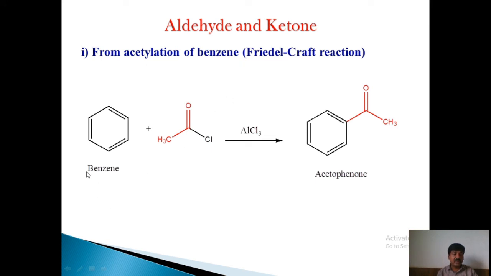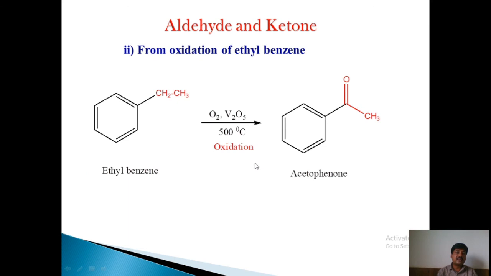So what happened? In the Friedel-Crafts acylation of benzene with acetyl chloride in the presence of anhydrous aluminum chloride as a catalyst, acetophenone is formed, that is the substitution of hydrogen by an acyl group. Okay, this is your first method. Then the second one, from oxidation of ethylbenzene.